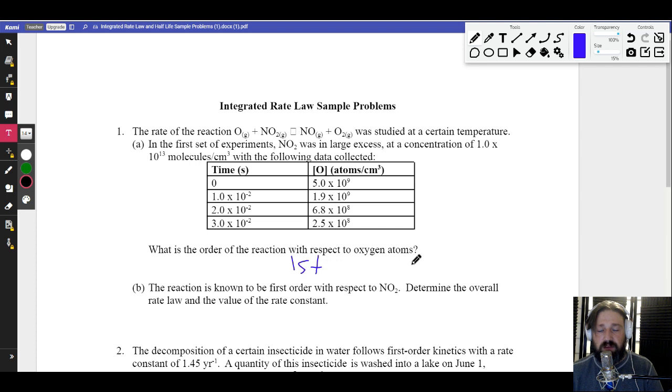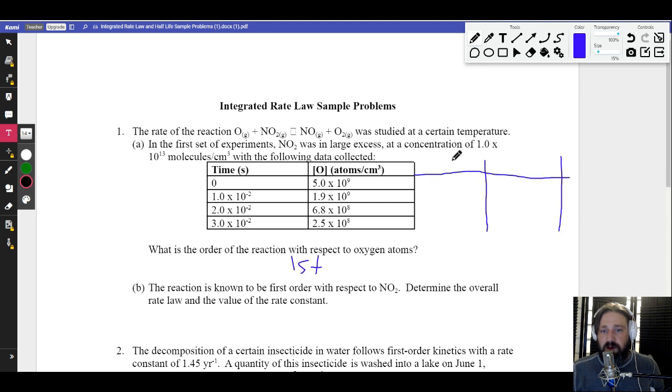It is first order. Since you don't have a spreadsheet, my method for you would be to extend this table out and do the natural log of the concentrations and the reciprocal of the concentrations.